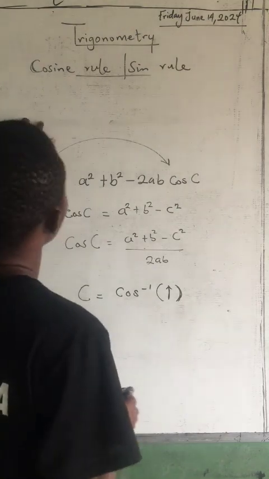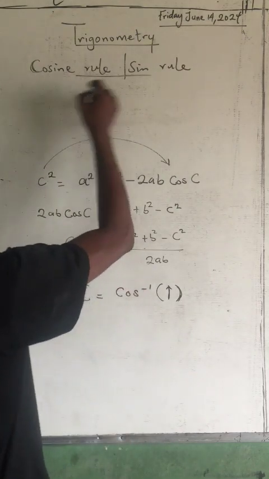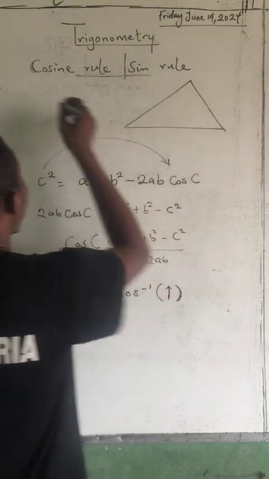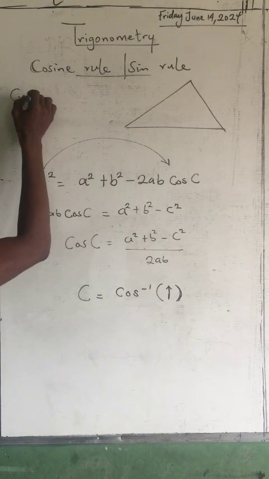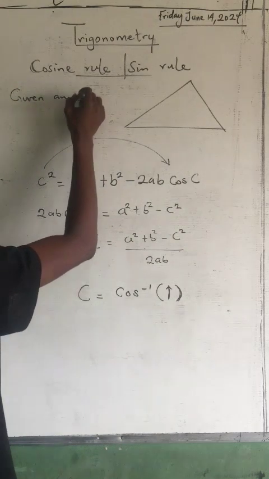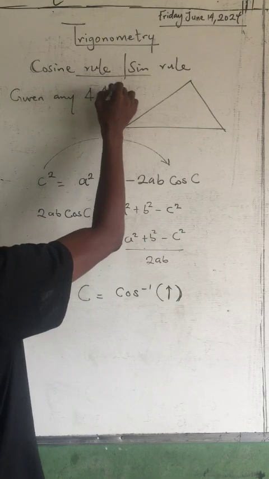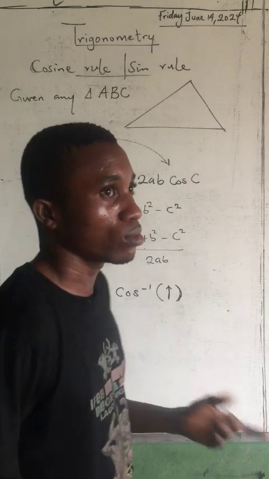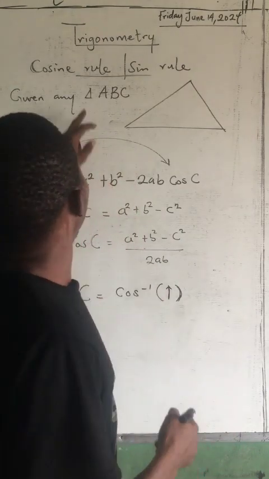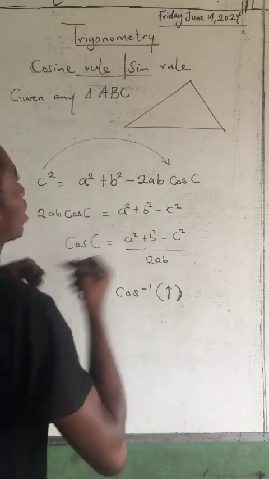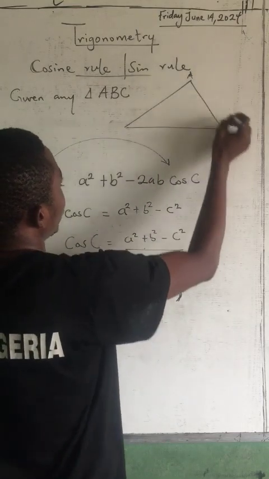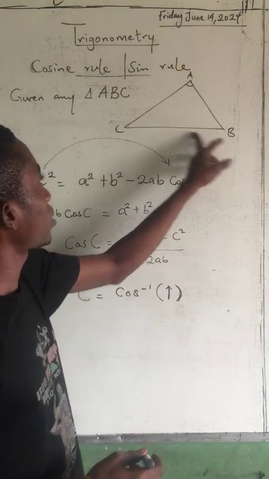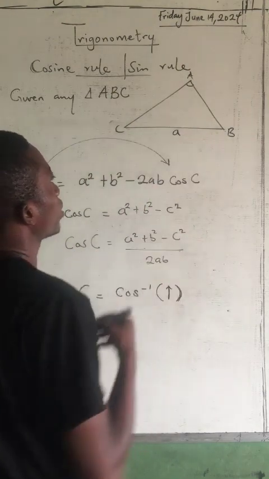Now, given any triangle ABC, whether it's an acute triangle or an obtuse triangle, whichever one is given, we have angle A, angle B, and angle C. The opposite side to angle A is going to be small a.